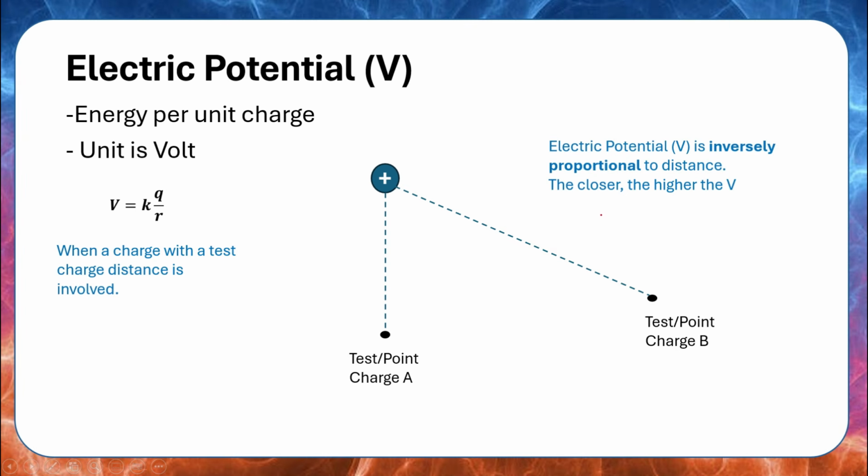So it shows here which of the two has a greater electric potential. Obviously, the one that is closer to the charge.